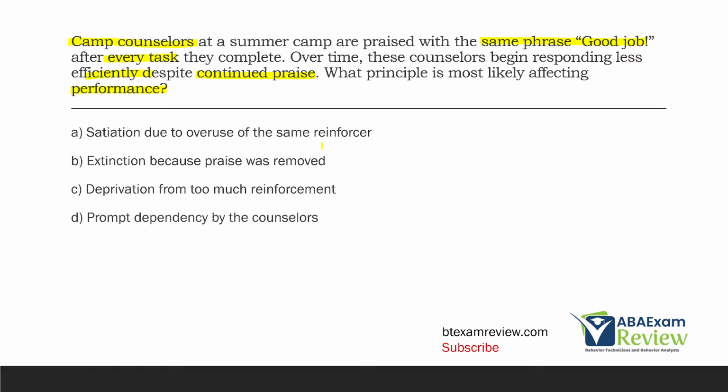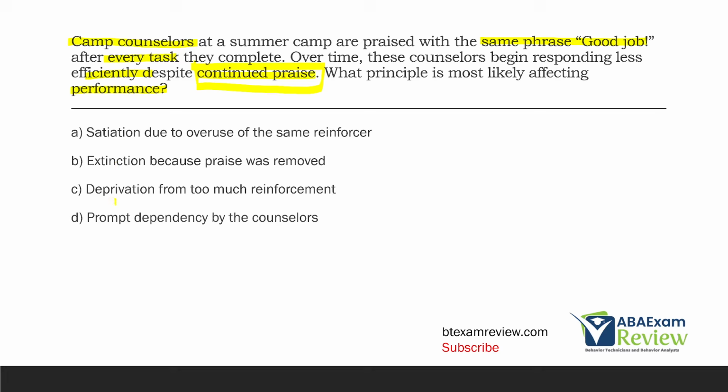Satiation can happen when we receive too much of something. If you eat too much cake, eventually you're going to be tired of that cake, which is why we always want to try to find a lot of different reinforcers and switch them out. B, extinction because praise was removed. Praise wasn't removed. Praise was continued. C, deprivation from too much reinforcement. Well, it's not deprivation, right?